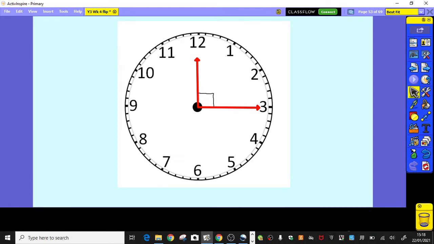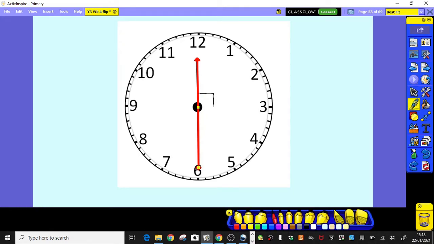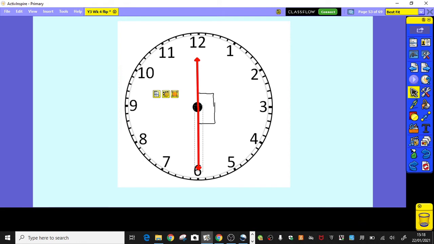If we carry on moving it around by another quarter turn, we've made a half turn, and we've got this time a straight line there. We can continue to move our minute hand around the clock 3/4 of a turn, and then a whole turn, and it gets back to where it started from.